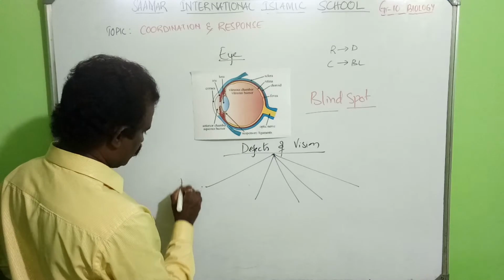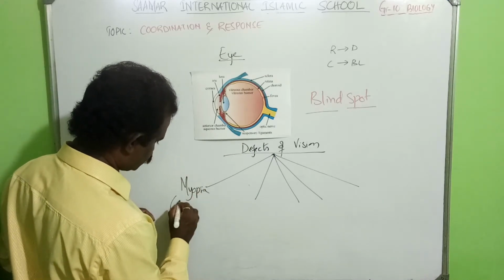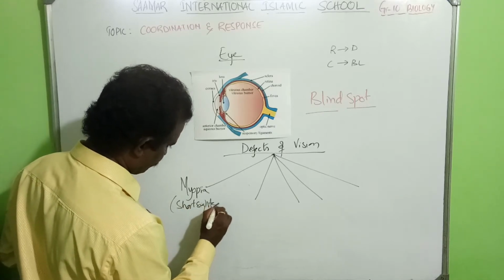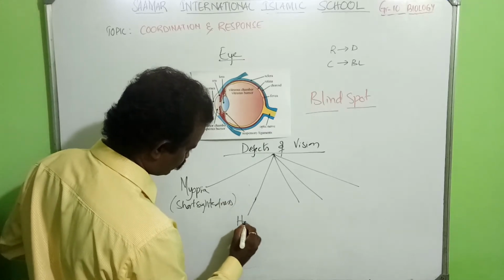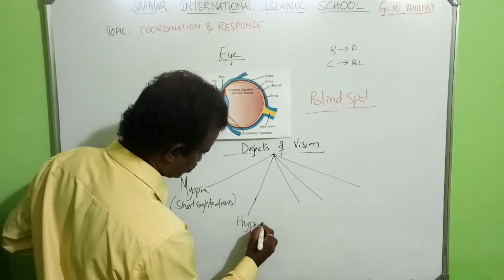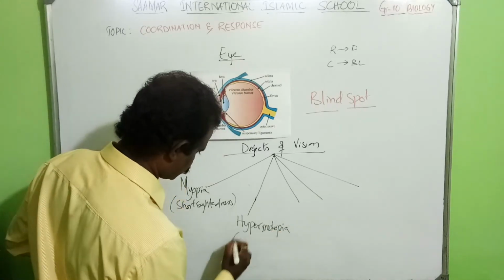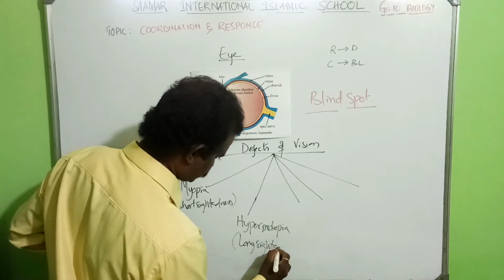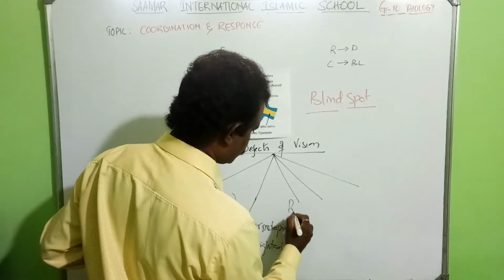The first one is myopia. Myopia is also called short-sightedness. The next one is hypermetropia. It is called long-sightedness. And we have presbyopia.